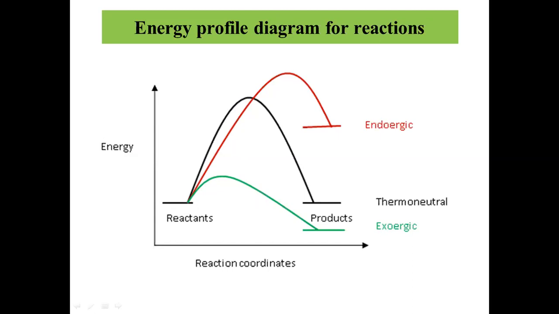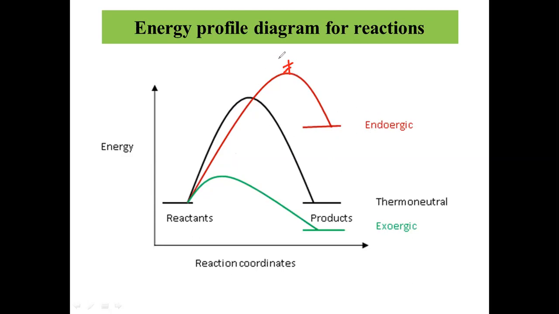Okay, now if we think about the endoergic reaction, this one, then in this case the products' energy is above the reactants' energy, and we realize that the transition state, which is here, is going to appear late, towards the product.